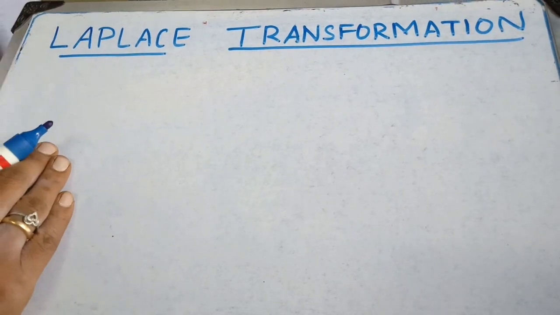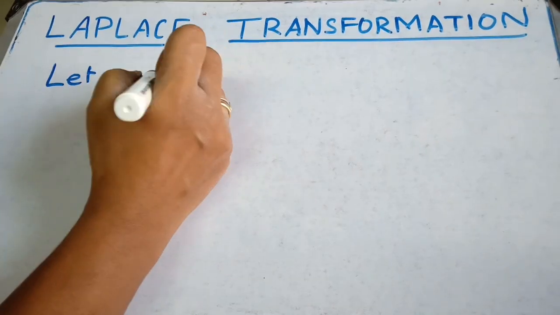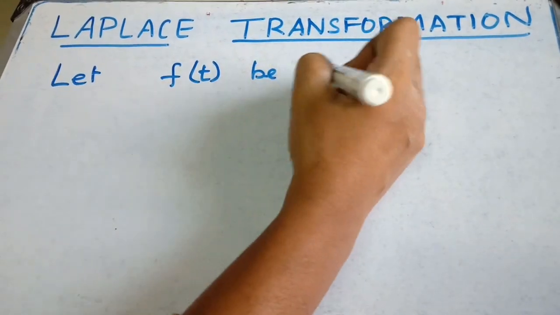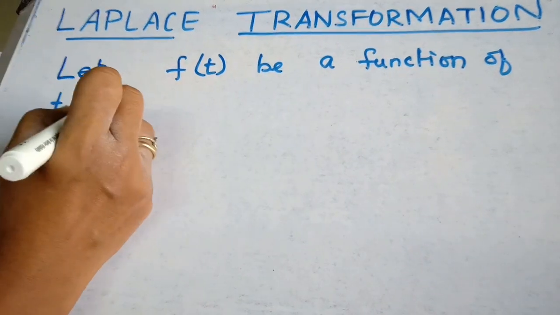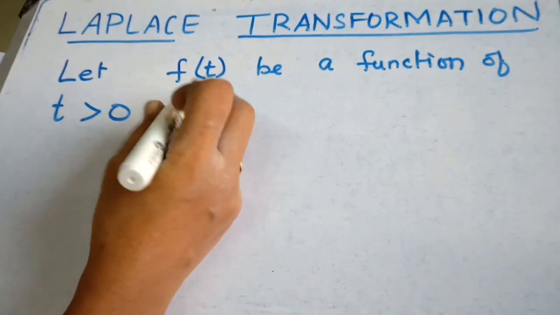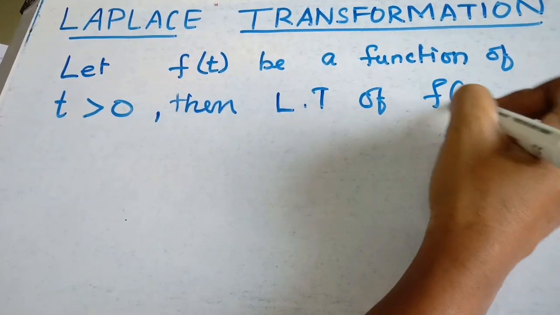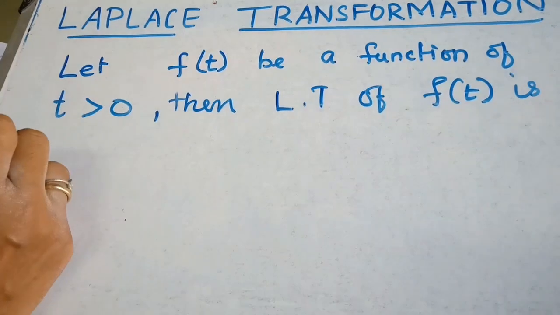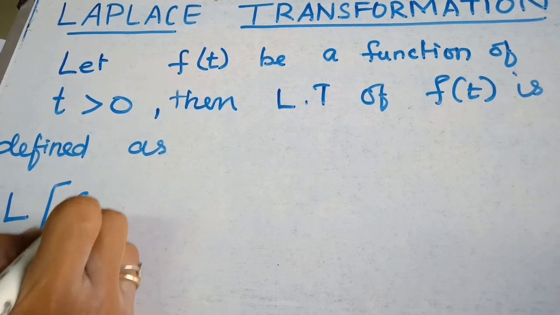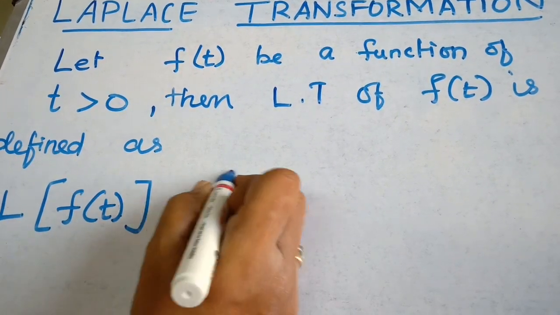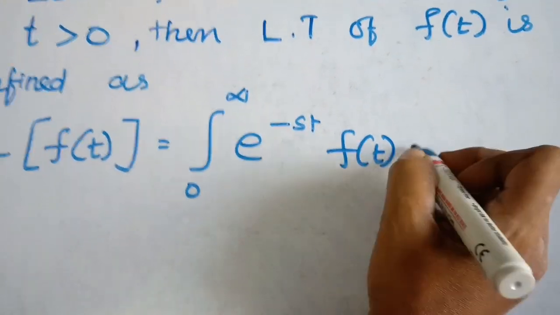Okay, let me define Laplace transformation first. Let f of t be a function of t for a specified t greater than 0. Then the Laplace transformation of f of t is denoted and defined as L of f of t equals the integral from 0 to infinity of e power minus st f of t dt.